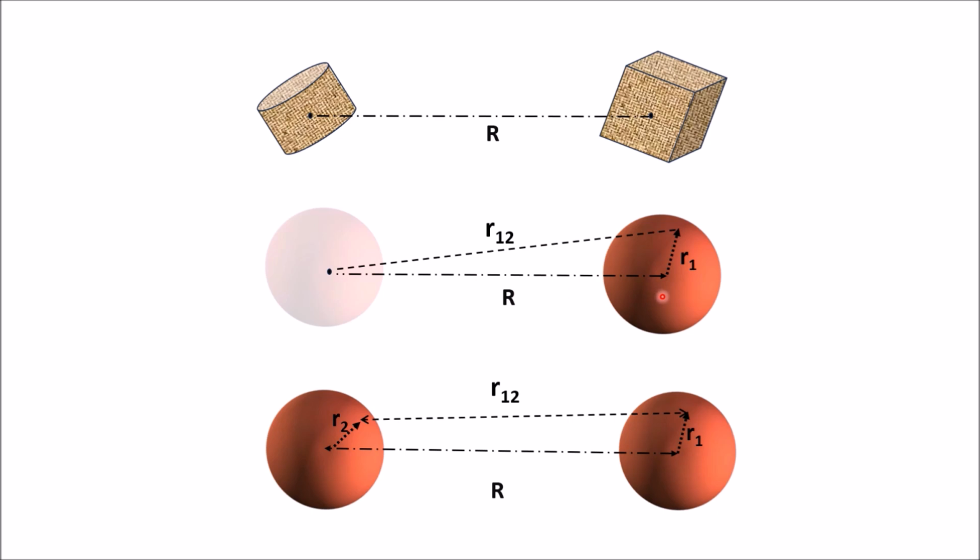Then he set up the problem of a mass element in the remaining extended object being attracted to that point mass, and he summed up all of these mass elements being attracted to this point mass. And what he got was effectively a statement that said you could consider all the mass of this first object also located at its center of mass.